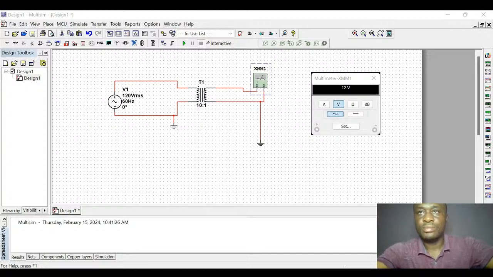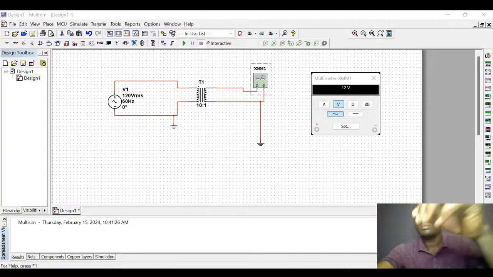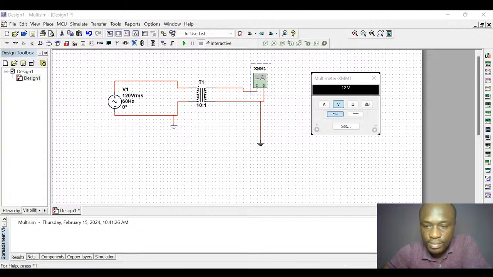The screen is no longer sharing. Can you see the shared screen?